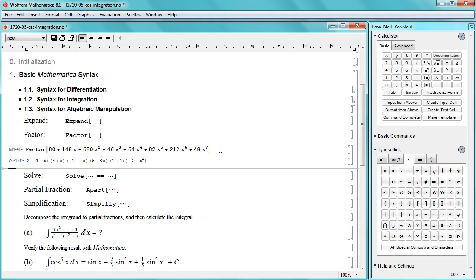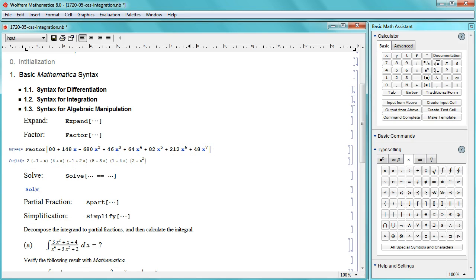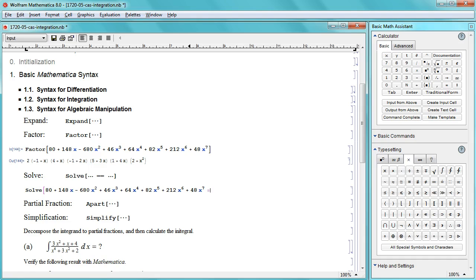Okay, let's go over to the next command, the Solve command. This is also a very, very useful command, especially for algebra. How do you work it out? Solve, and then let's type in an equation. Well, we have an equation right over here, so let's recycle this. And then set it equal to 0.